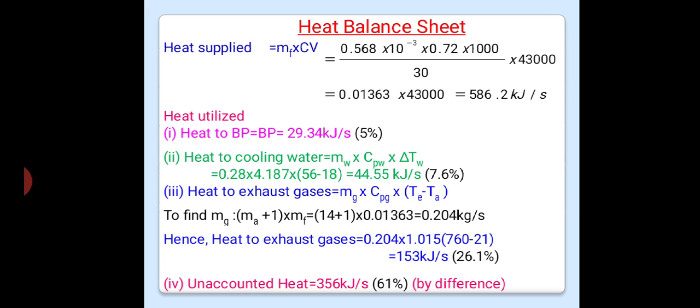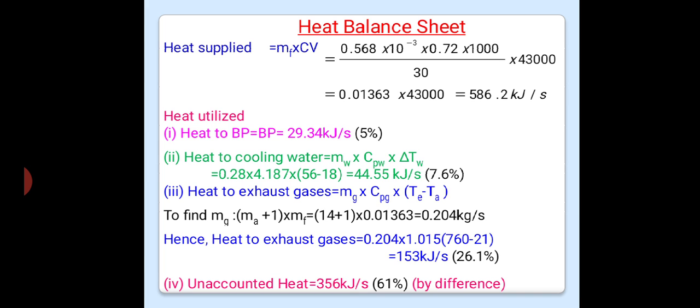In percentage terms, brake power is 5%. For heat to the cooling water, we have the formula MW CPW into delta T. MW, the mass of the water, is 0.28, CPW is 4.187, water inlet temperature 18 degrees Celsius, water outlet temperature 56 degrees Celsius, so delta TW is 56 minus 18.